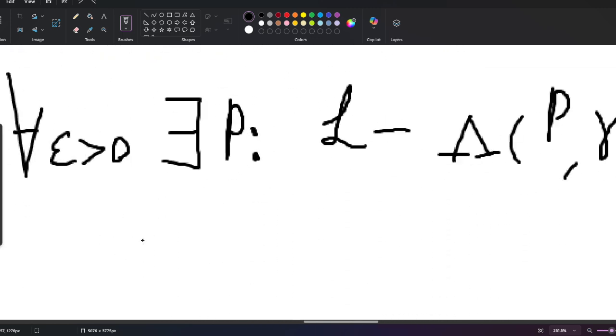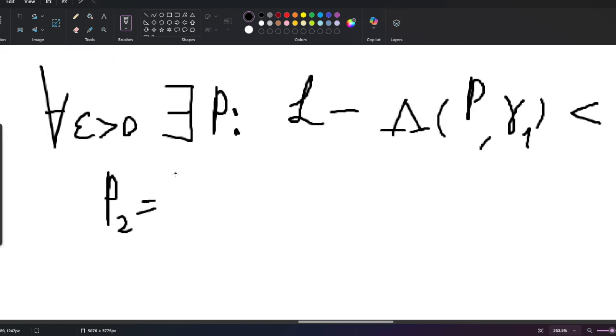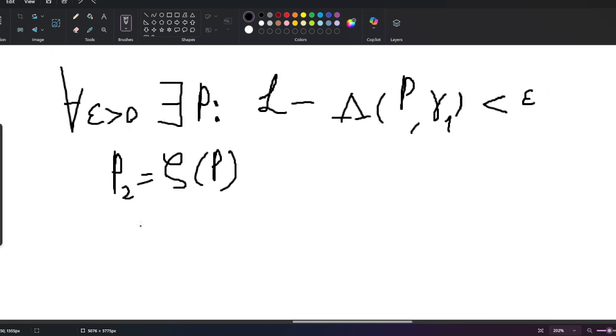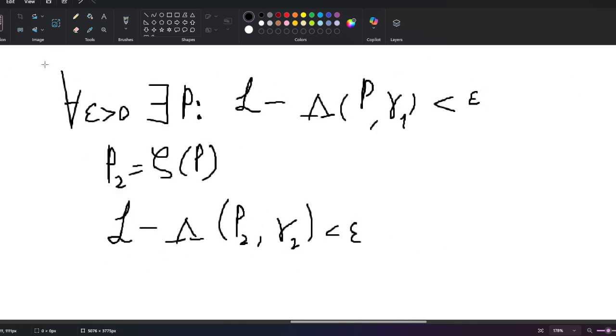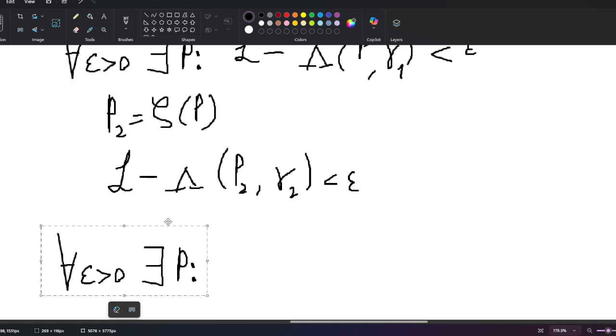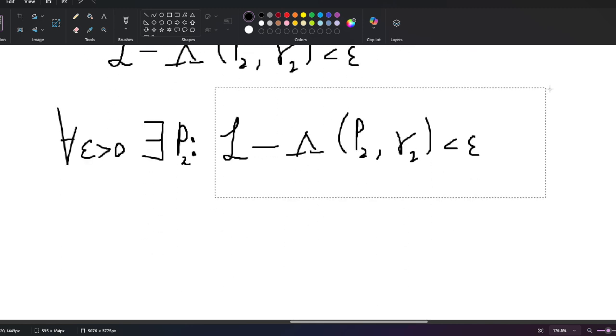Alright, now what we can do is define P2 as theta of P. And now we can say that L minus the length of P2 on gamma 2 is going to be less than epsilon. In other words, for every epsilon greater than 0 there exists a partition 2 such that this is going to be true.